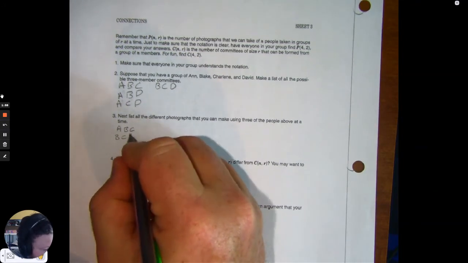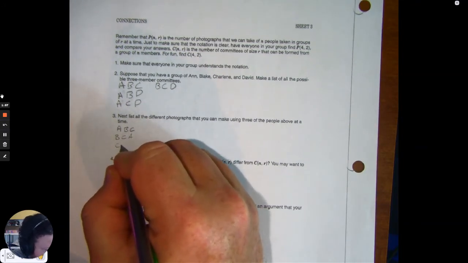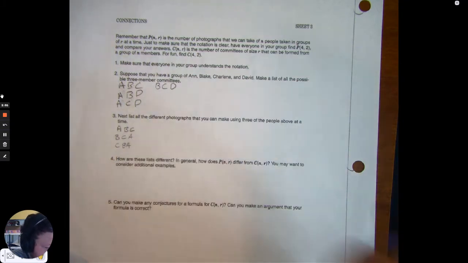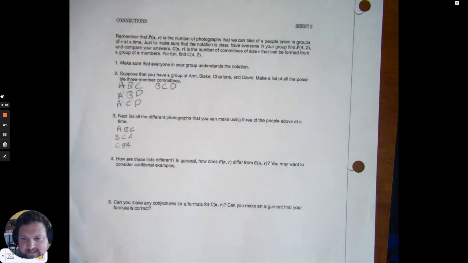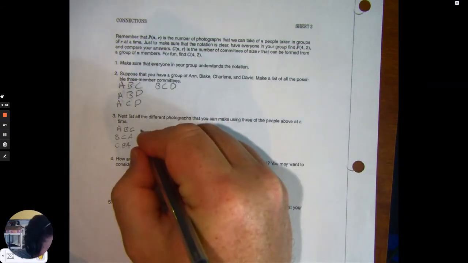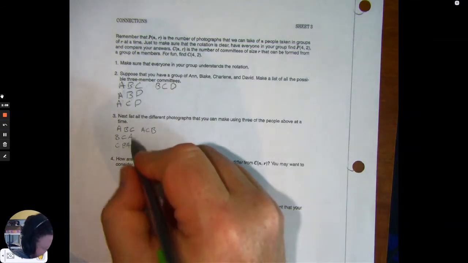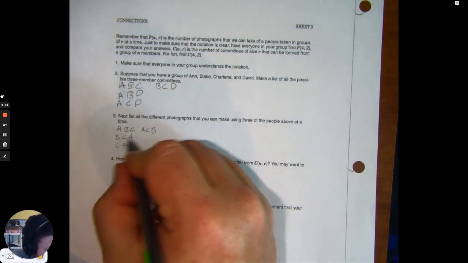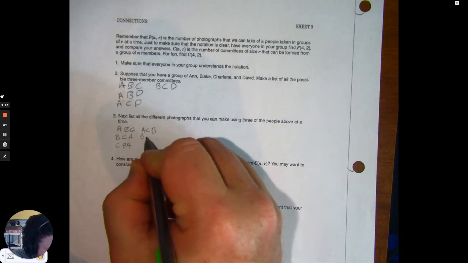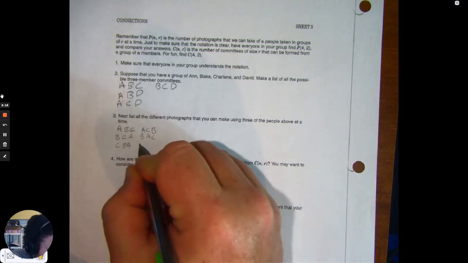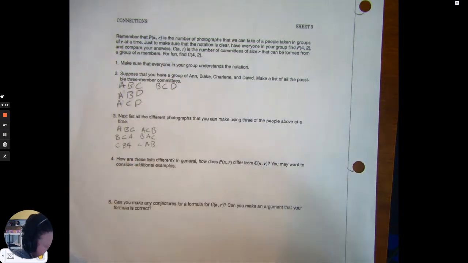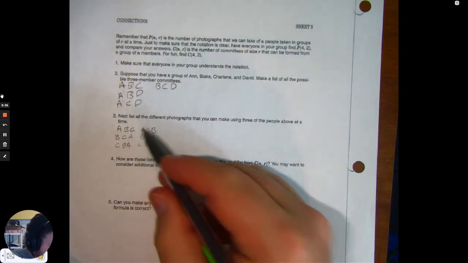We would also be able to have C, B, A, that would be different, right? So there are lots and lots of combinations. We could have A, C, B. We could have A, B, C, C, B, A, B, A, C, C, A, B. Right, so those are all the combinations that I can get with A, B, and C.